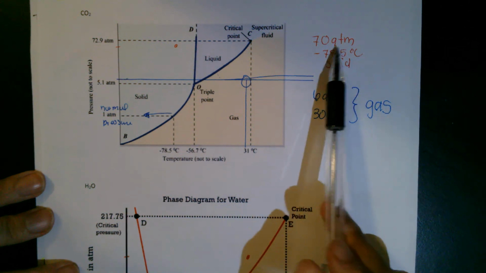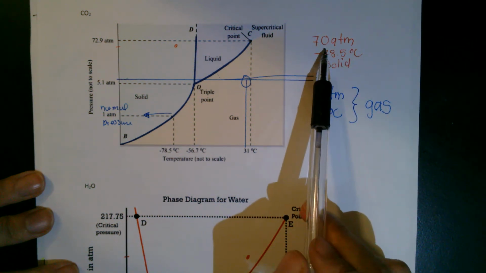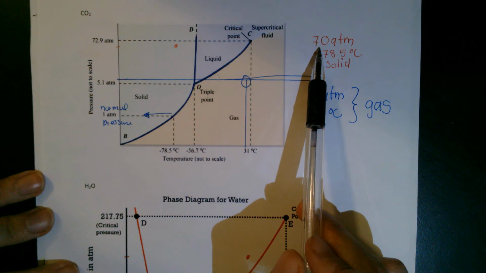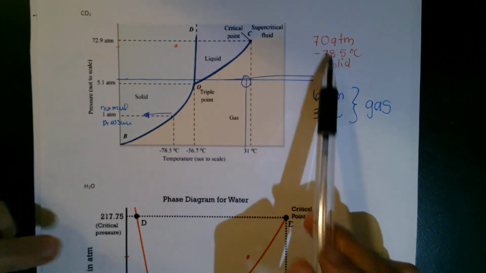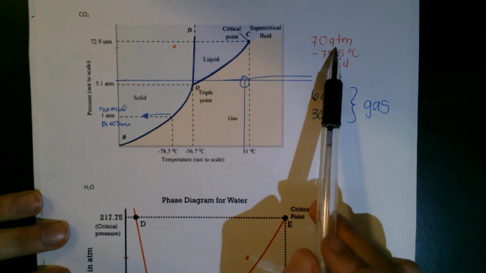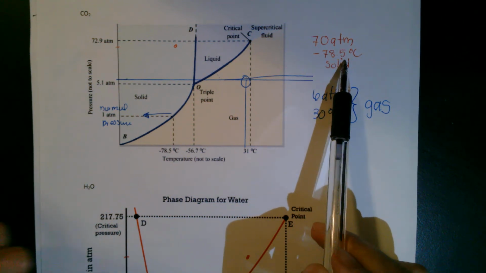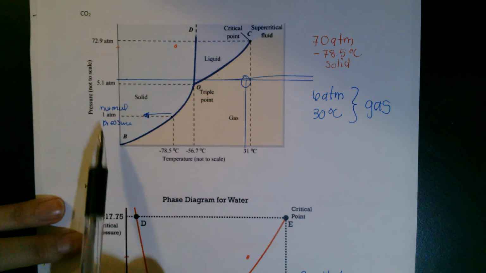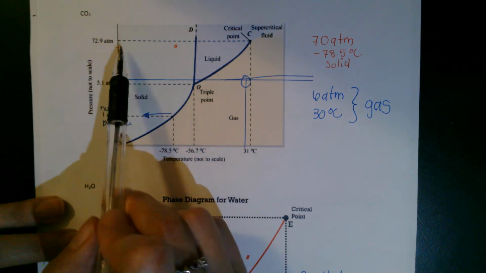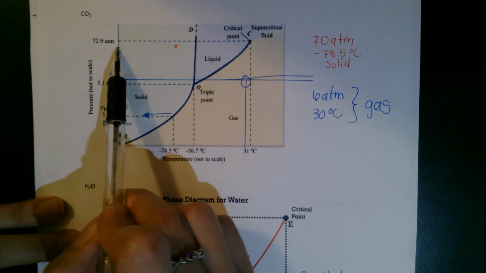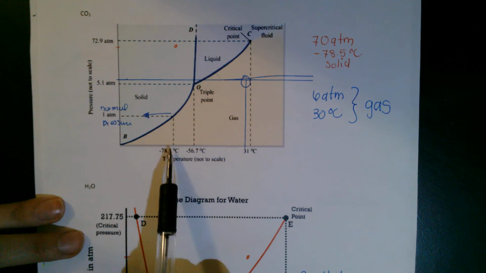Okay, so for example, in this problem, they want to know what phase we would expect to find CO2 at 70 atmospheres of pressure and negative 78.5 degrees Celsius. It's just like using any other graph. We find 70, and then we find our negative 78.5.